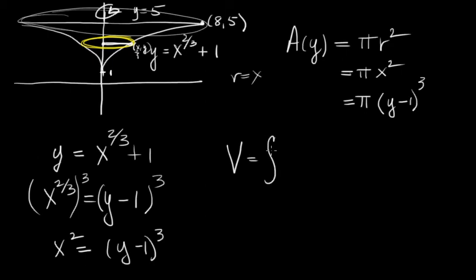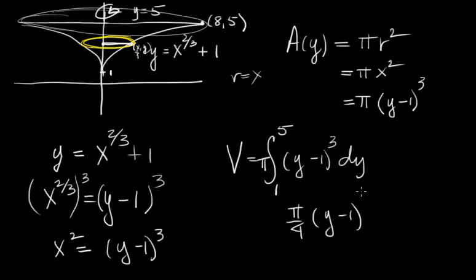Therefore, my volume is the integral of A of y, so it's going to be pi, I'll factor that out, times y minus 1 cubed dy from y equals 1 to y equals 5. And this will be, well, if u was y minus 1, du is dy, so this is simply pi over 4 times y minus 1 to the 4th, evaluated between y equals 5 and y equals 1.